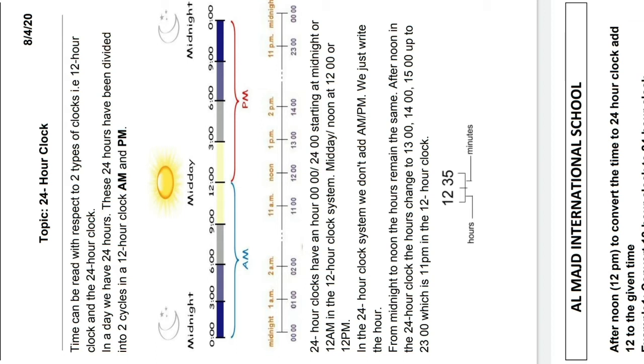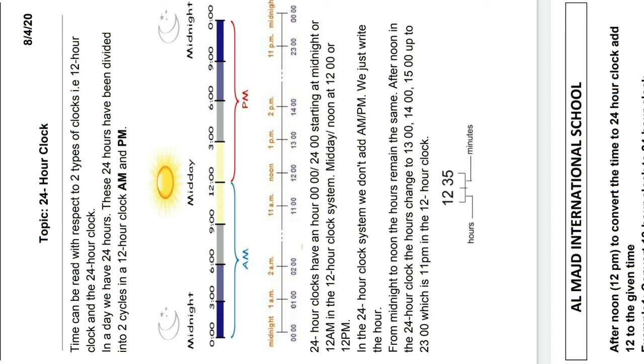In 12-hour clock we read 0 to 12 once, from night 12 to noon 12, and then from day 12 to night 12 we read it again, right? But over here we'll read it consecutively, 0 to 23. I hope you understood that. I hope it's easier for you to understand now.